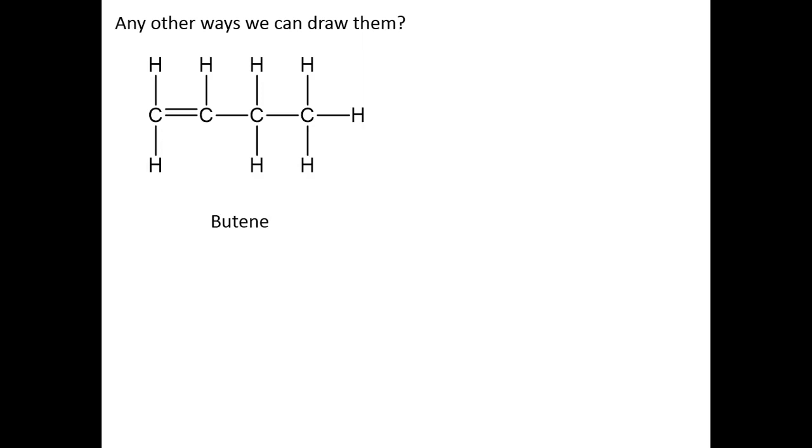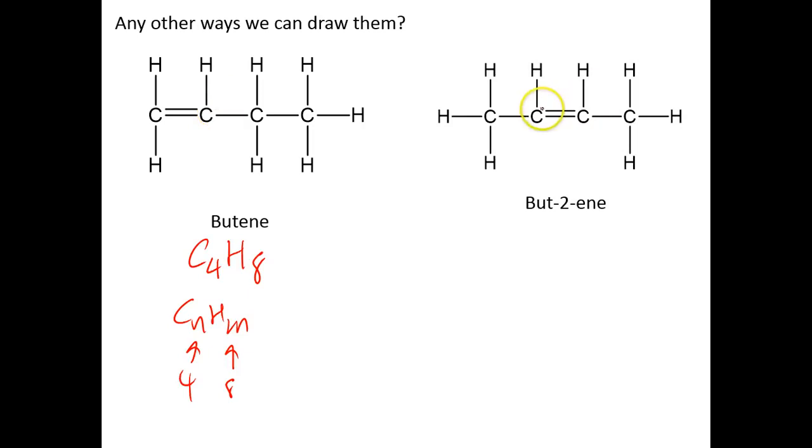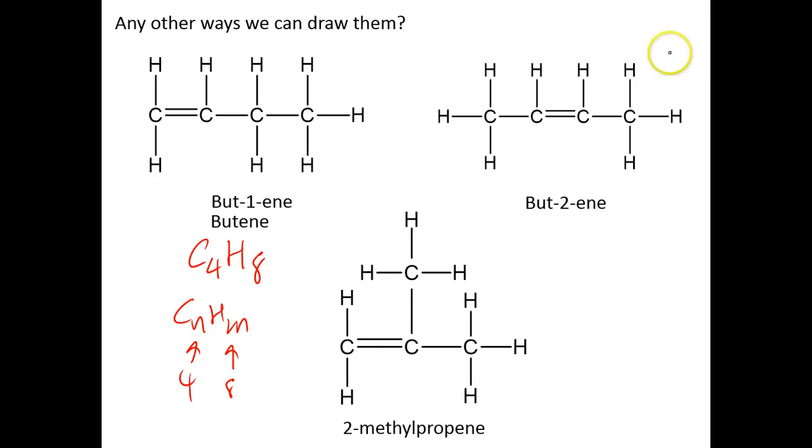And like alkanes, there are many ways that we can draw them. For example, let's start off with butene, C4H8, CnH2n. So n is 4, 2n will be 8. So this is butene. I can put the double bond between the first and second carbon, or I can also shift it and put it between the second and third carbon, or I can also shift the entire CH3 upwards to the middle, and I get a different version of the molecule.